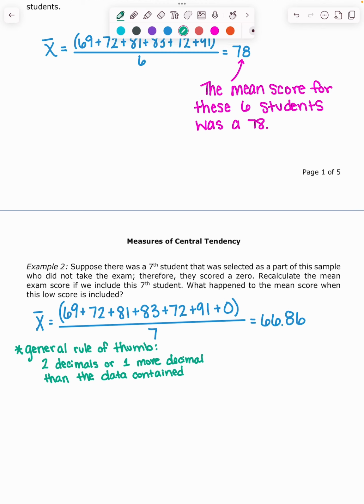So now what happened? When we had the 6 students, the mean was a 78. But now with 7 students, the mean is a 66.86.